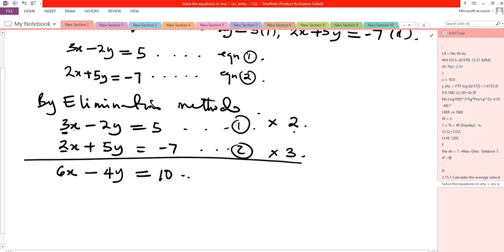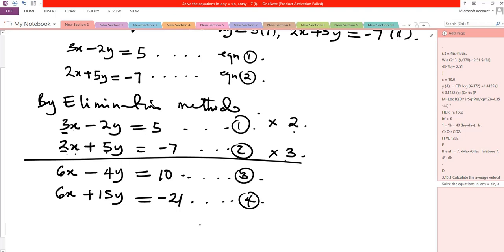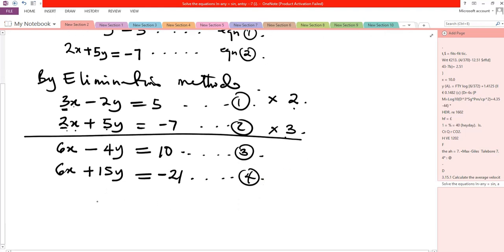Now you have equation 3. Now 3 times 2x will give us 6x, 3 times 5y will give us 15y, and 3 times minus 7 will give us minus 21. These are equation 4.